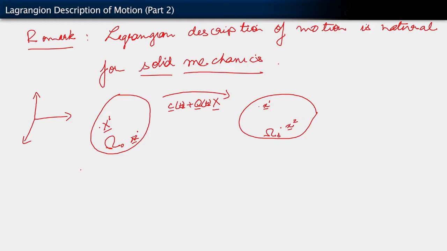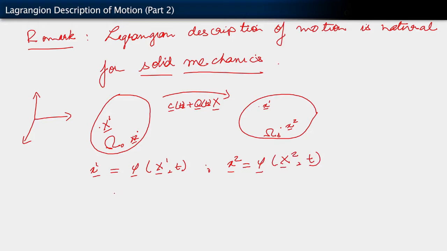This is easy enough to do because we know that little x1 is phi of capital X1 at the time of interest, and x2 is phi of capital X2 at the time of interest.